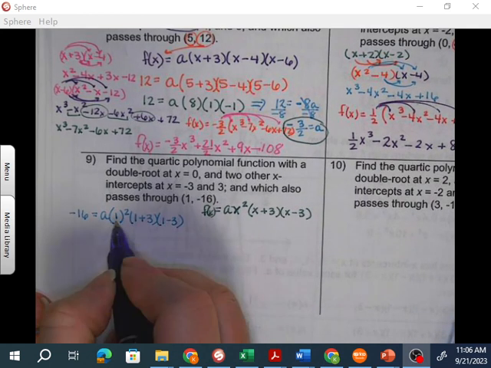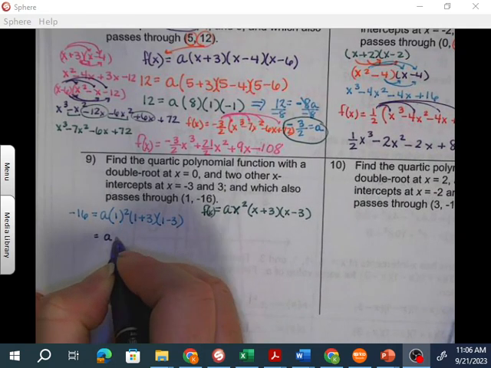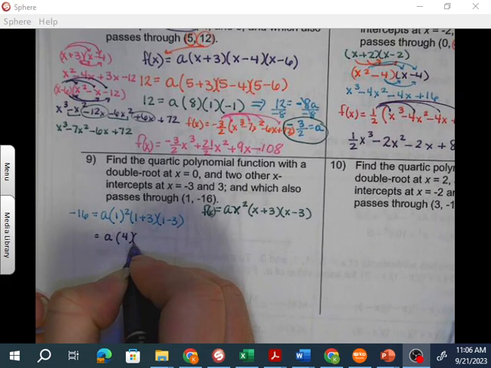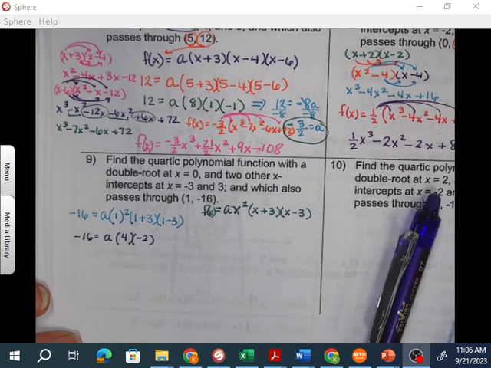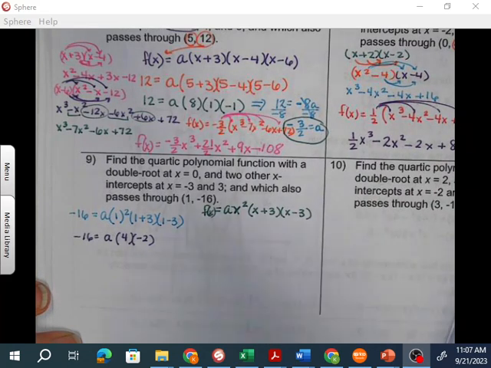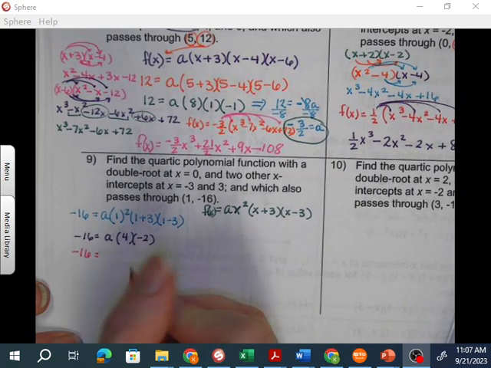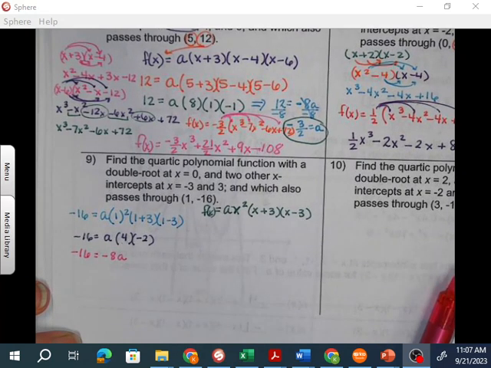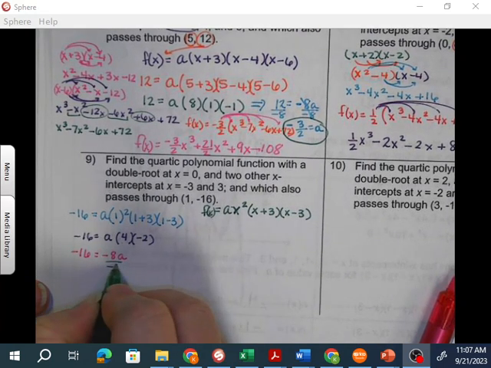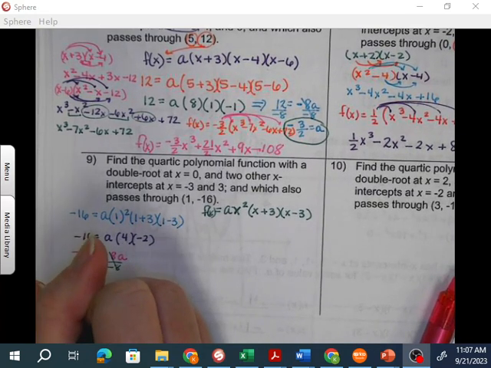Order of operations says I have to square the 1 first. 1 squared is 1, so that leaves me just a, 4, and negative 2. Four times negative 2 is negative 8a. Divide both sides by negative 8, and a equals 2.